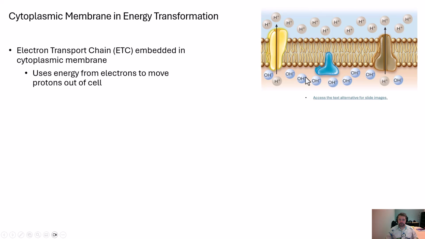So you might have water being split down here, you might have carbohydrates being split down here, and you're getting these free protons, these hydrogen ions, that are building up on the inside of the bacteria or archaea. And in order to utilize the energy from those protons, bacteria and archaea can generate a proton force.